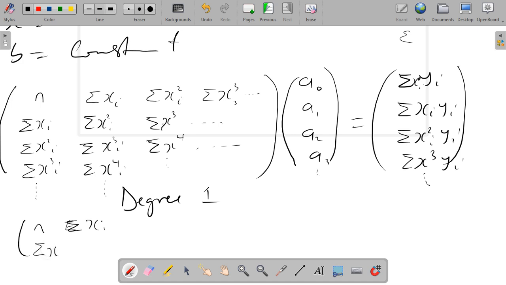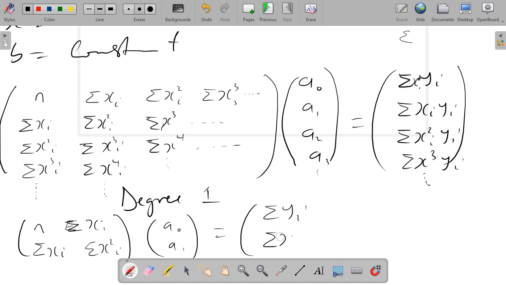Summation xi again, and then here summation x squared i. Then I'm going to have a0 and a1. Then this side I'm going to have the summation yi, and then the summation xi yi.